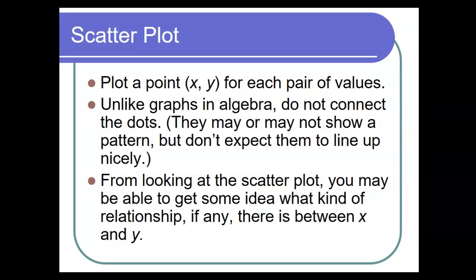Don't expect them to line up in a nice straight line or other obvious pattern. We're just drawing the dots themselves at this point. And then once you have all the dots in place, the idea is you might be able to look at that and get some idea what kind of relationship, if any, there is between your two variables.